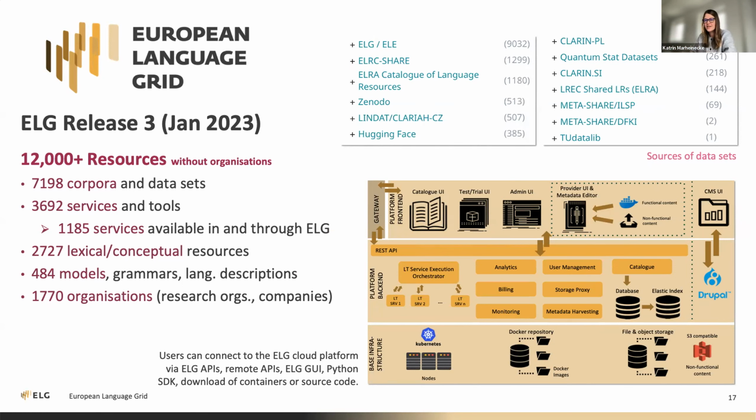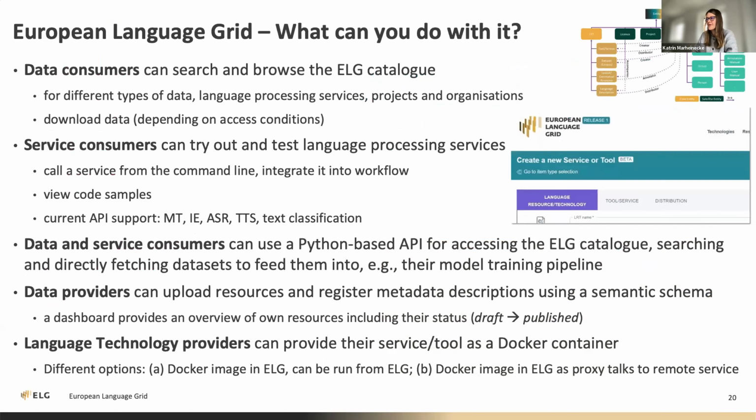We have almost 2,800 lexical and conceptual resources, almost 500 models, grammars and language descriptions, and as I said, almost 1,800 organizations. So this is really a lot of content. It's worthwhile having a look to see if you find what you are looking for.